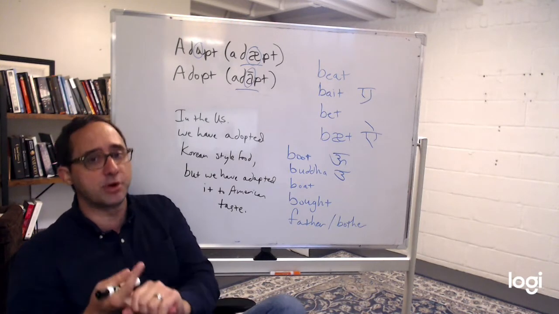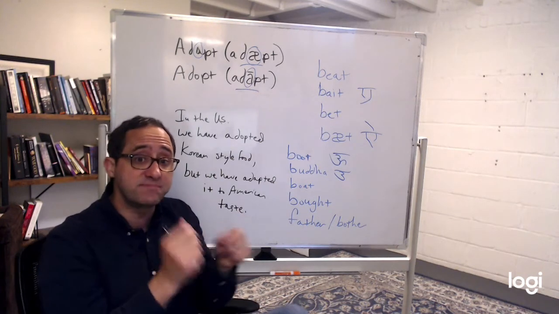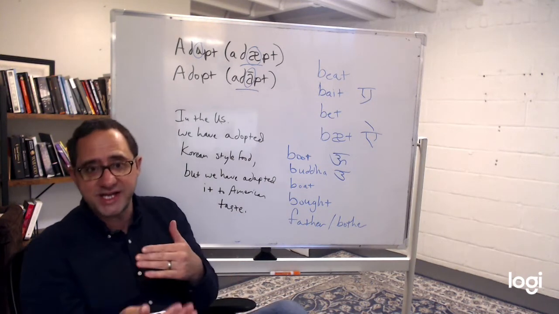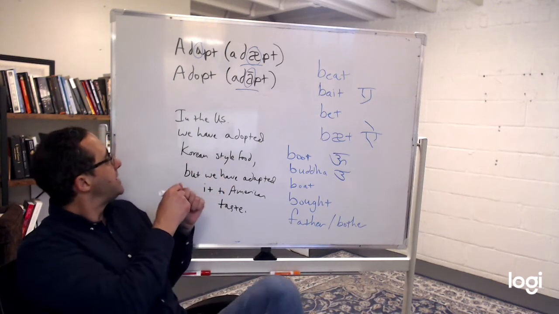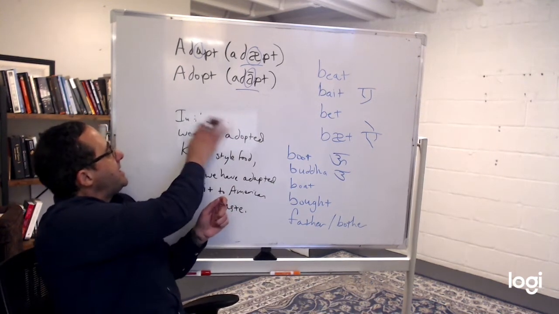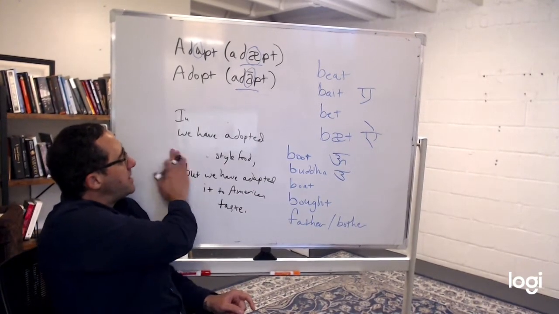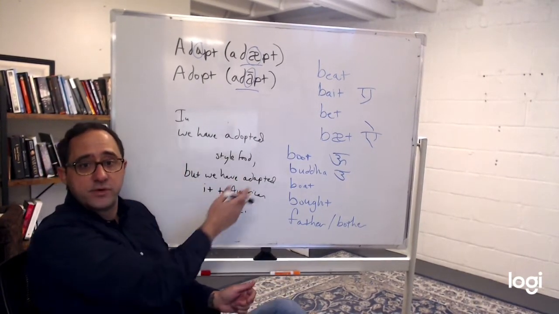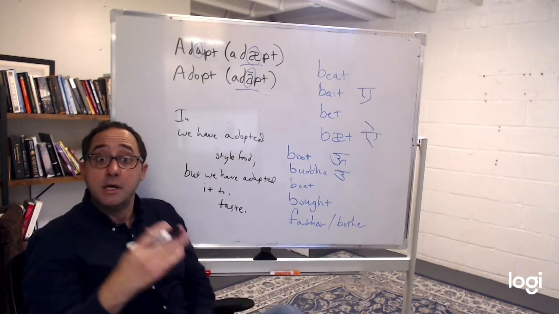It's a chicken burger to fit Indian tastes, or it has certain spices on it, or a type of ketchup that Indians like. So in India, we have adopted American style food, but we have adapted it to Indian taste.